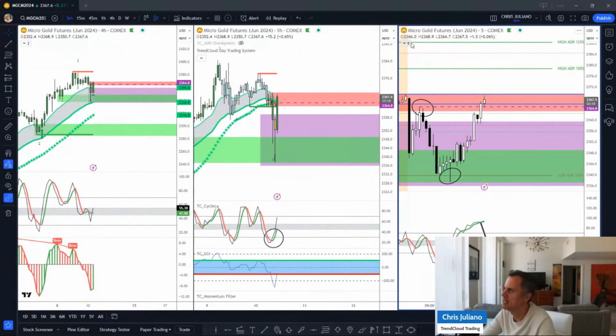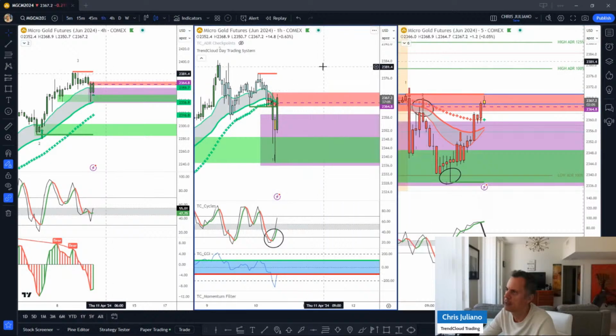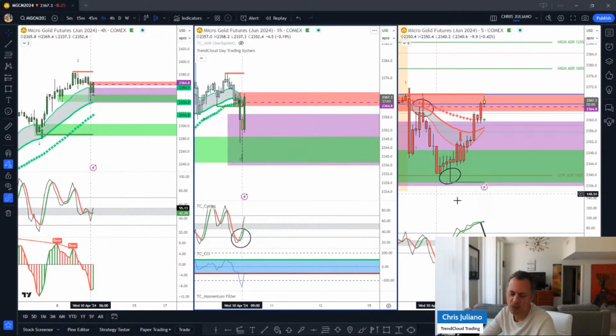And then we can engage our TrendCloud signal. There you go. Look at how TrendCloud is making it nice and clear about what is going on.